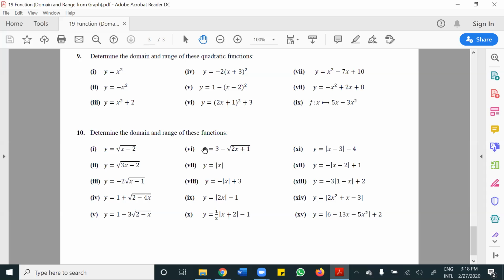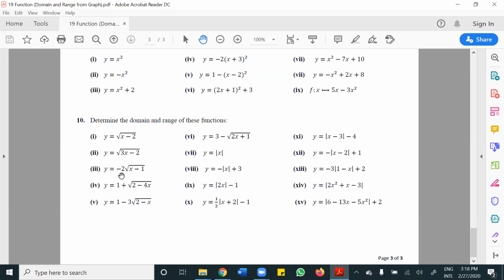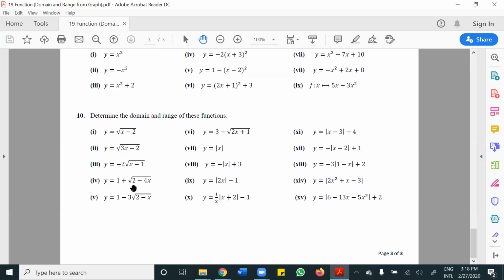So anyway, the last one I want us to have a look at are these. Now these are restricted domains, right? Let me pick people at random. Callista, you're going to tell me the domain of number 6.